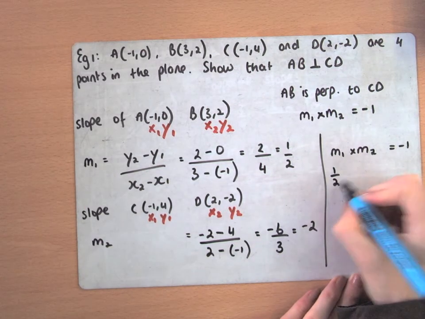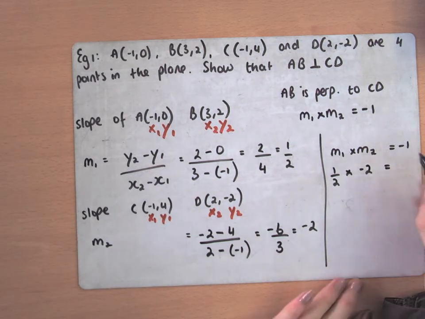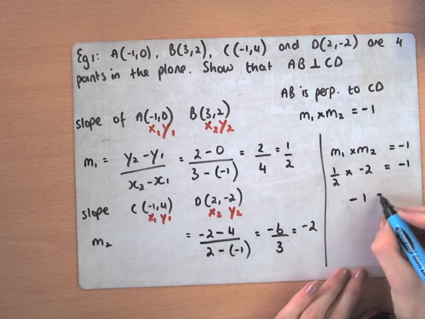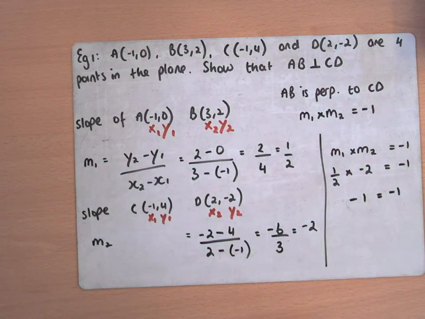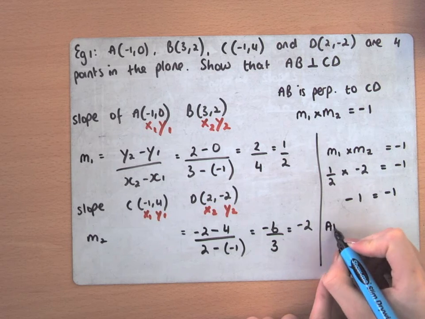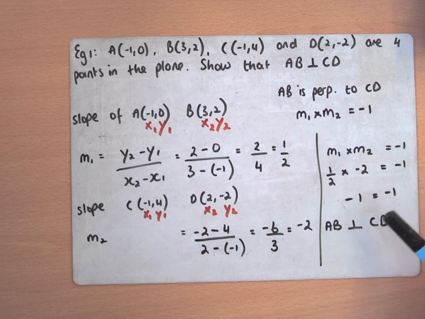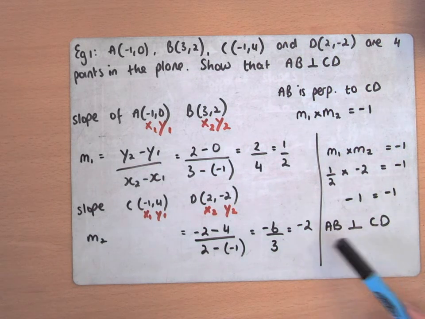So a half by minus 2 is, and then I just throw it into my calculator and I get minus 1 is equal to minus 1. Okay? And then you write AB is perpendicular to CD. You state it. Because when I multiplied my two slopes, I got minus 1, I can say they're perpendicular.